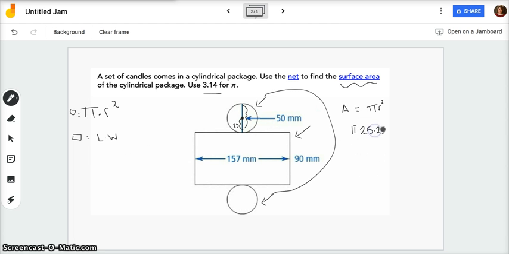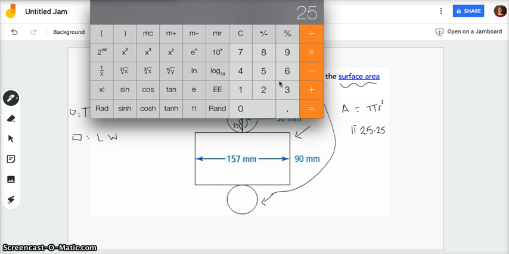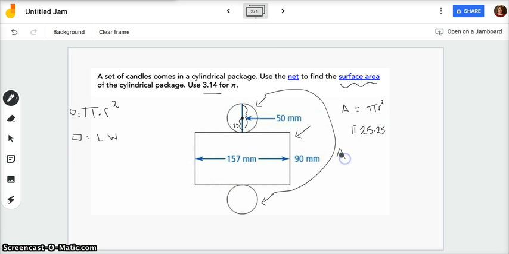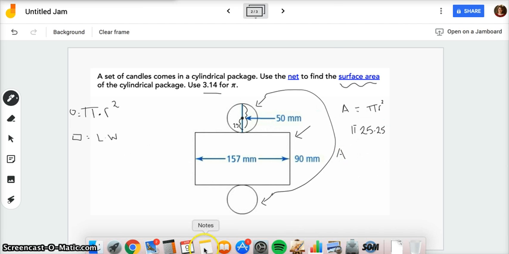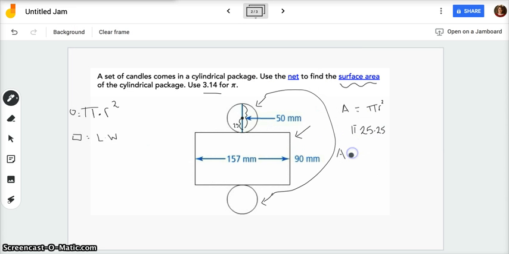I don't know what that is off the top of my head, so I'm going to grab a calculator. 25 times 25 is 625, and then I'm going to multiply that by 3.14 because that's what pi is. And so I get the area of my circle is 1962.5. So I know that this one is that area.